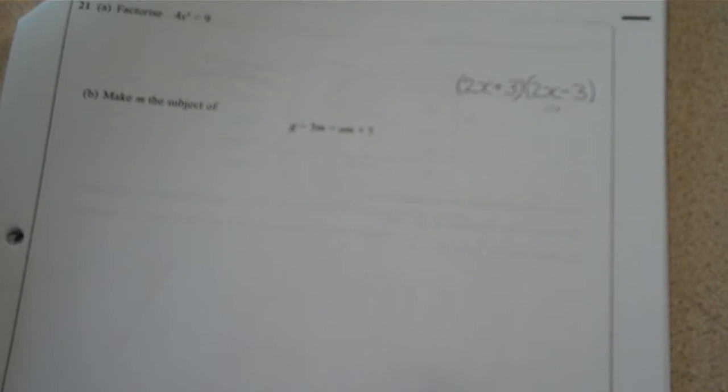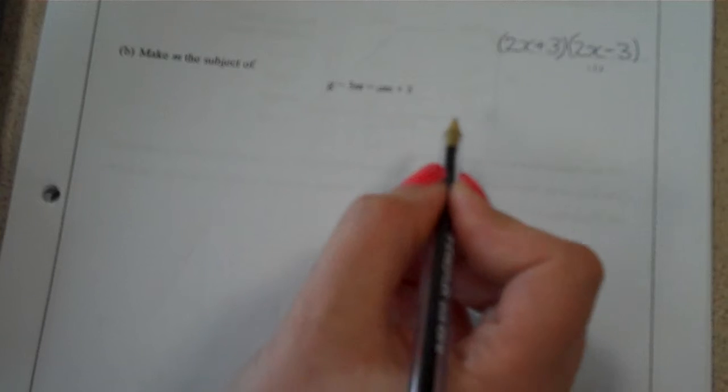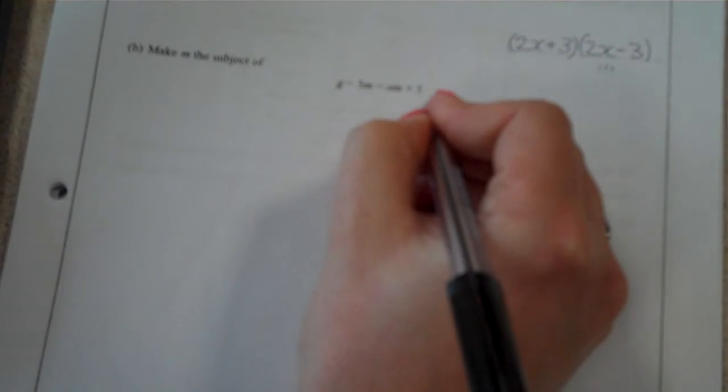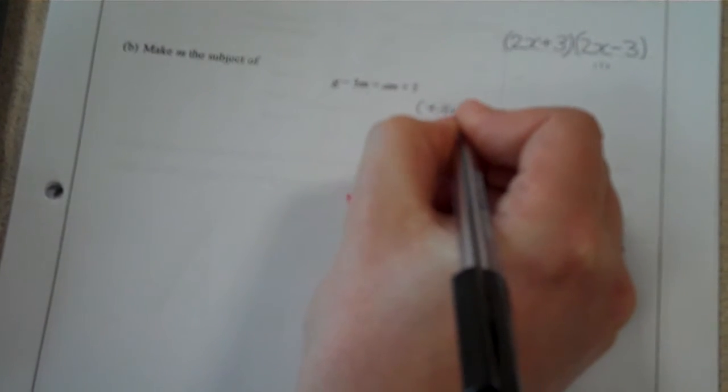Now there are various different ways of rearranging this, but I want to make m the subject, so I want to keep my m's positive if possible. So what I'm going to do is try and move my m's onto the right hand side and everything else onto the left hand side to start off with. So to be able to do that, I need to move the minus 3m over, so I need to plus 3m.